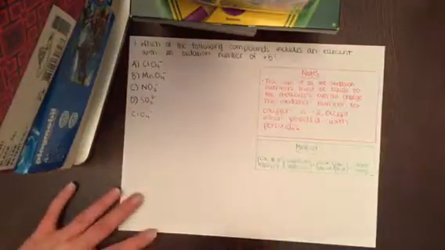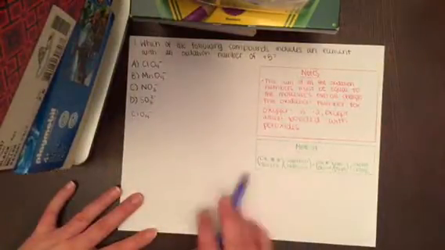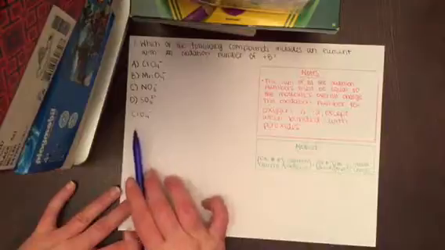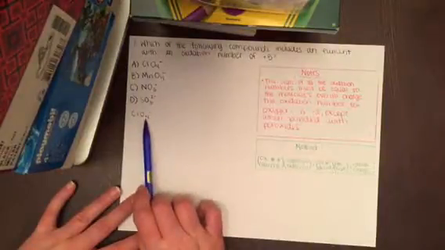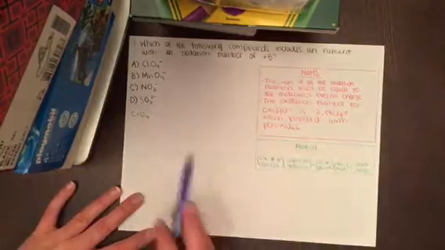So ClO4 has a -1 overall charge, and for our first oxidation number of that element, we don't know that yet, but we do know that the oxidation number of oxygen is -2.